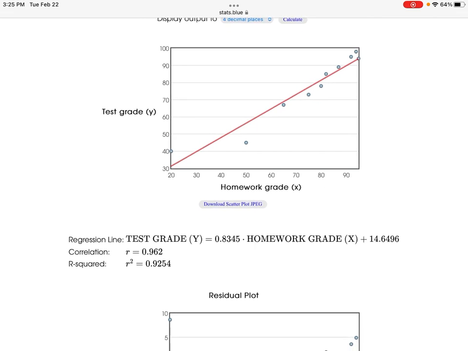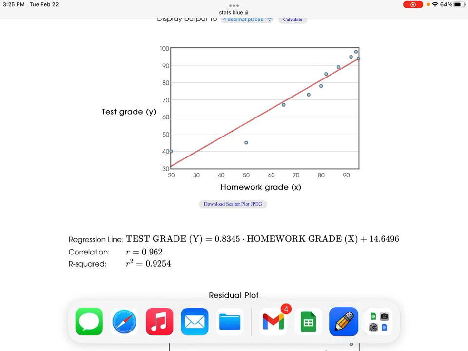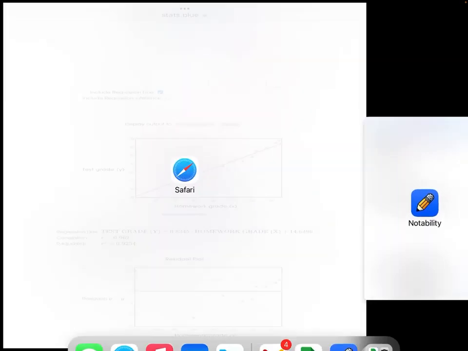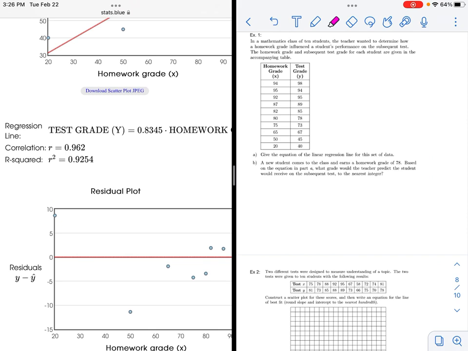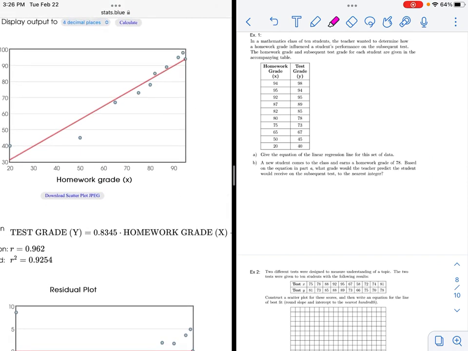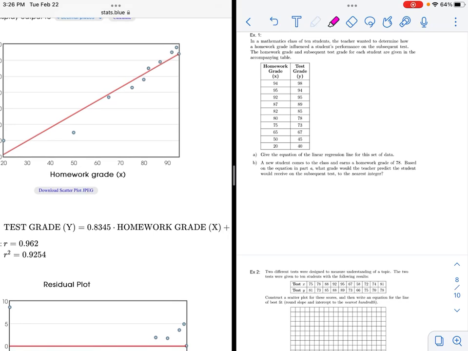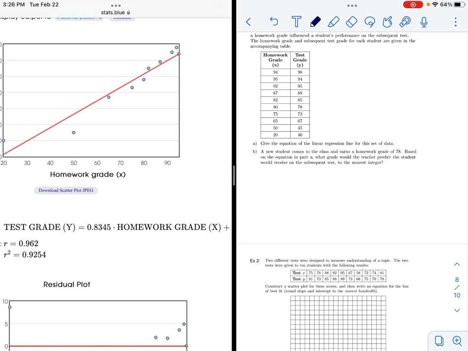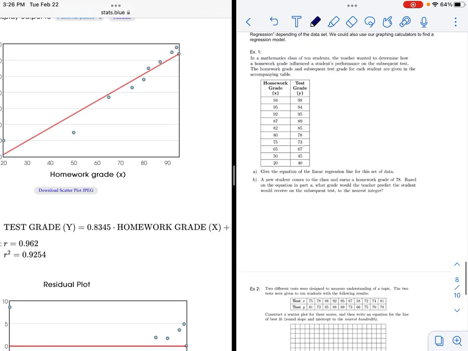So you'll see here why I wanted to put the Y in there as well, because it's kind of weird to see test grade and homework grade within an equation. It gets a little crazy. So instead, I'm going to use X and Y like the variables on here say.